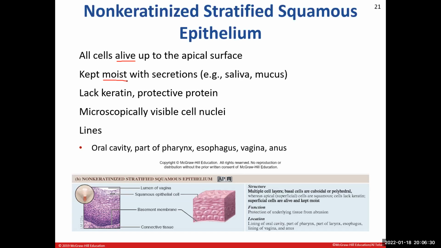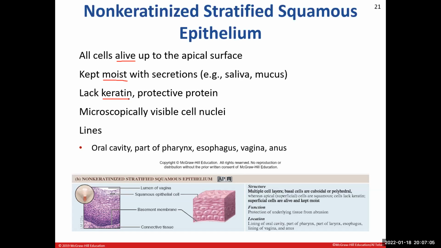We call it non-keratinized because it does not have keratin. Keratin is a protein that cells will produce to make the cell stronger. It makes it tougher. But unfortunately, when those cells produce keratin, it winds up killing the cell, which is okay because it makes the cell stronger, and eventually that dead cell will get sloughed off and another cell will come in and replace it.